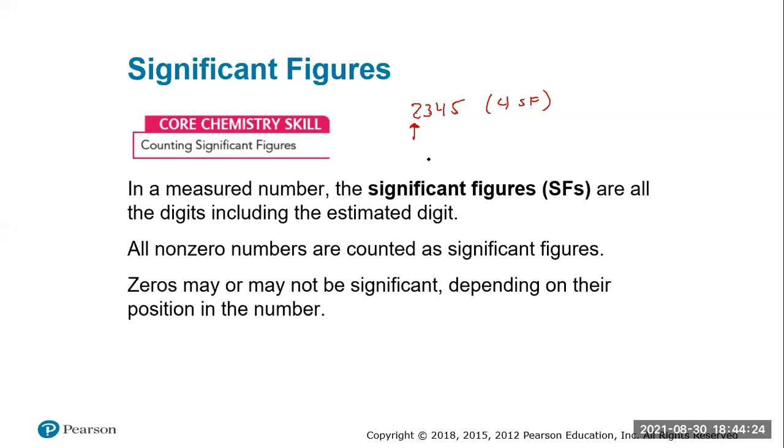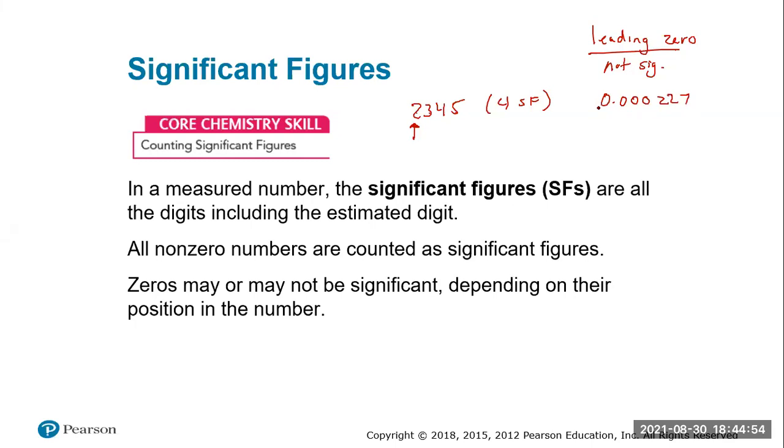Now, the zeros are the next thing that we talk about, and the zeros get people in trouble sometimes. There are 3 types of zeros. The first type of zero is sometimes referred to as a leading zero, and leading zeros are not significant. So for example, 0.000227.